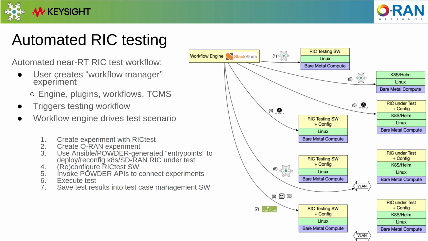The workflow is basically going through the steps to stand up an instance of RICtest or use an existing one, create an ORAN experiment or use an existing one, then use Ansible and the Powder-generated entry points to automatically reconfigure Kubernetes and the SD-RAN near real-time RIC according to the parameters of the test, and then to reconfigure the RICtest software using the RICtest remote API. Then we can invoke the Powder APIs to connect the experiments, execute a test, and then save test results into the Kiwi test case management system.